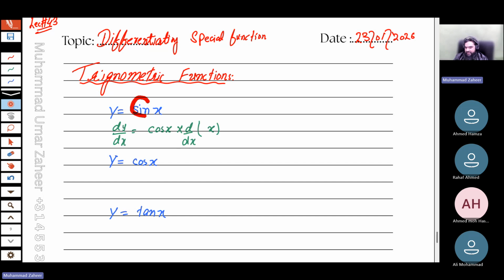The derivative of sine is cos, multiplied by the derivative of the angle. If it is 2x, you write 2x. If it is 3x, you write 3x. Is it clear, everyone?